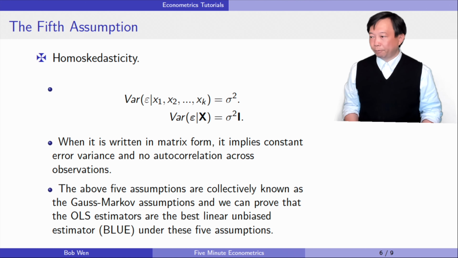The above 5 assumptions are collectively known as the Gauss-Markov assumptions, and we can prove that the OLS estimators are the best linear unbiased estimator, BLUE, under these 5 assumptions. The homoscedasticity assumption is not needed to prove the unbiasedness of the OLS estimators, but it is needed to compute the variance of the OLS estimators.